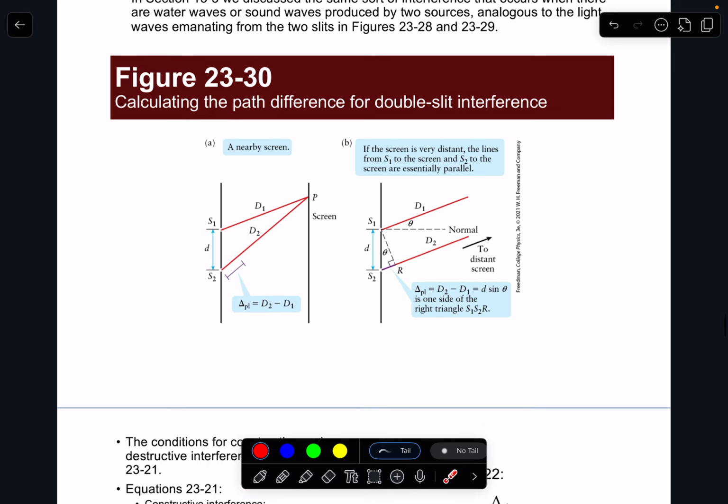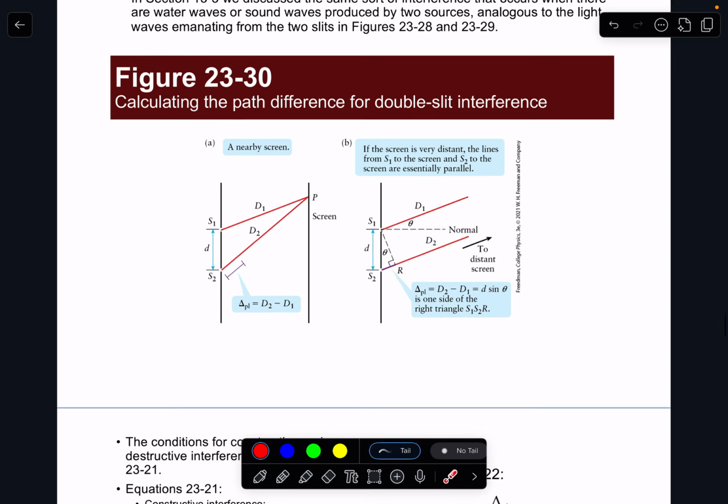The conditions for constructive and destructive interference are still going to be the same idea as before. The path length difference will be a whole number of wavelengths for constructive, and an odd number of half wavelengths for destructive.